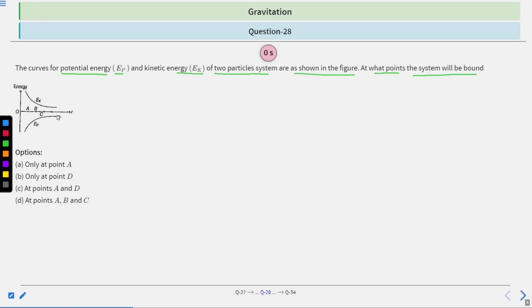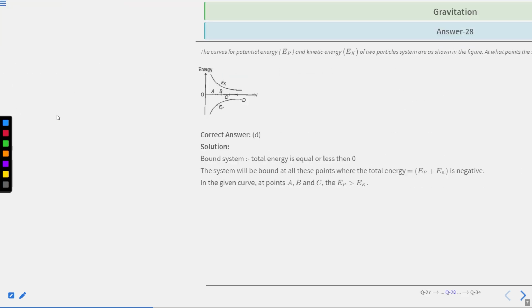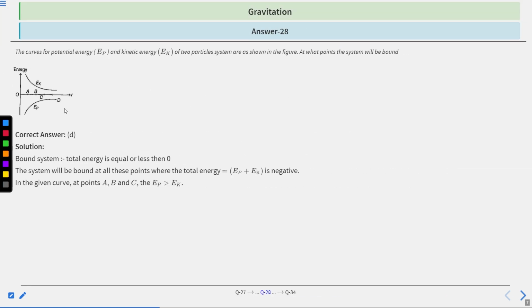Let's find the solution. The question asks at what points the system will be in a bound state. So what is the meaning of bound state? In a bound state, the total energy is less than or equal to 0.